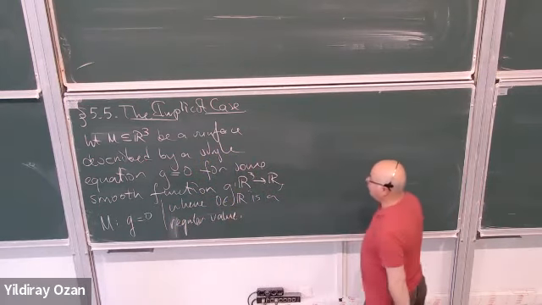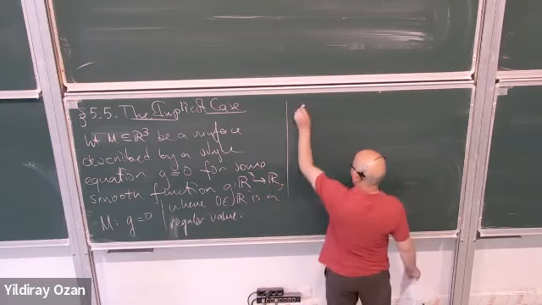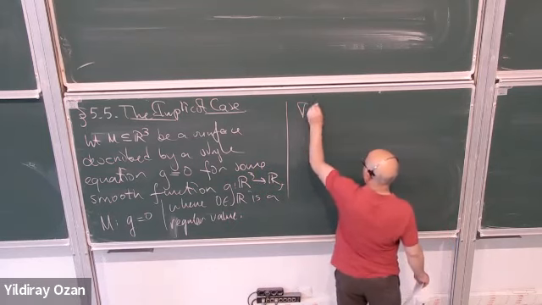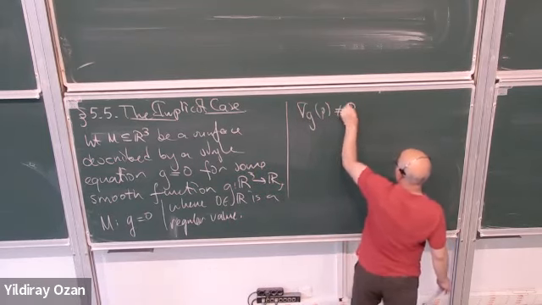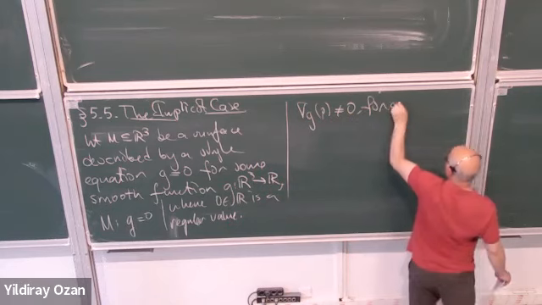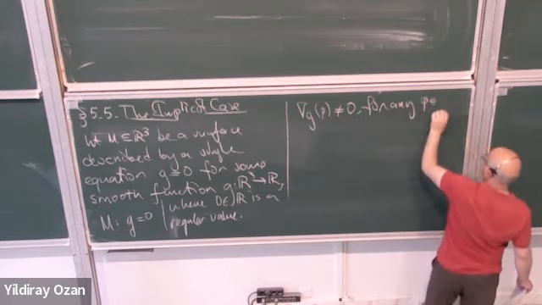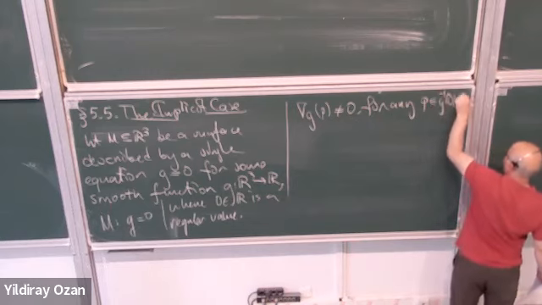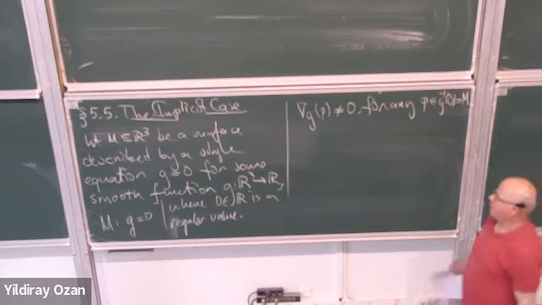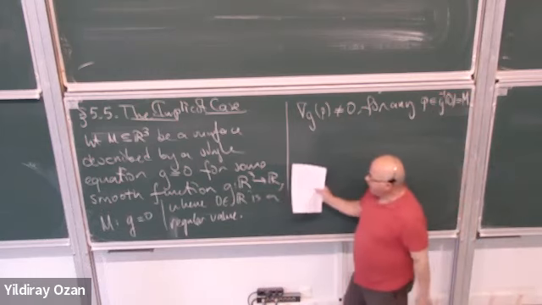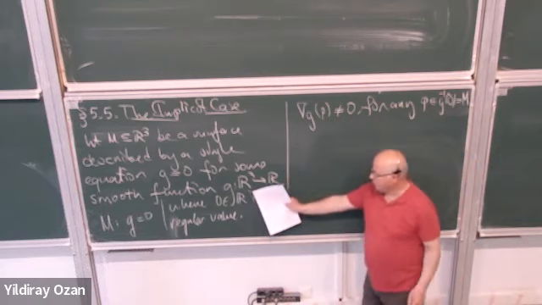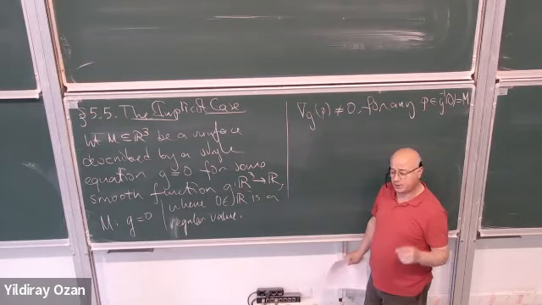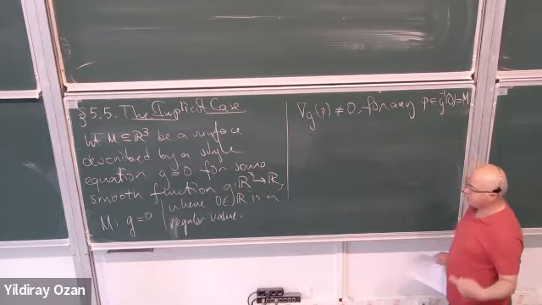What does this mean? This means that the gradient of G at any point is not 0 for any P in G inverse of 0, which is M. The derivative map of this function is given by just dot product with the gradient, and regular value means the derivative map is not 0.